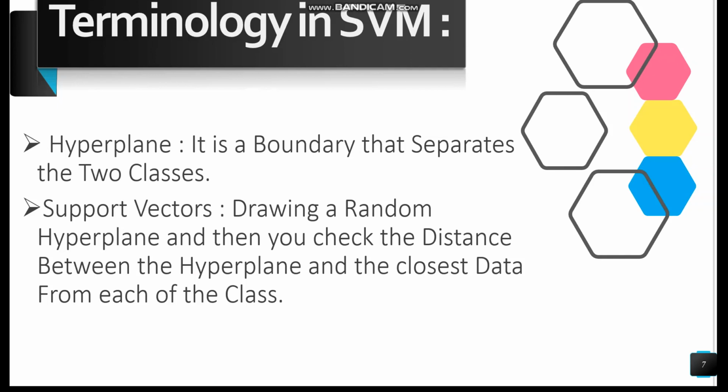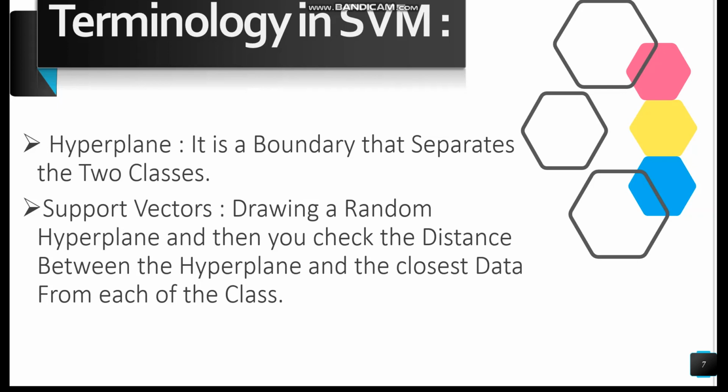Now before we move further, let me discuss different terminology that is there in support vector machine. The first one is the hyperplane. It is a boundary that separates the two classes. And the second one is, what are support vectors? When you start with support vector machines, you start by drawing a random hyperplane and then you check the distance between the hyperplane and the closest point from each of the classes.